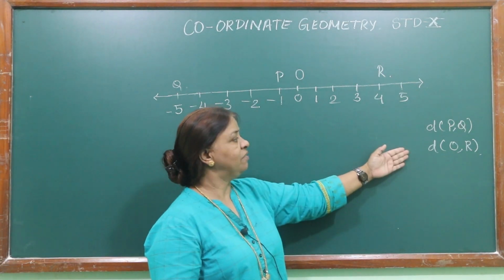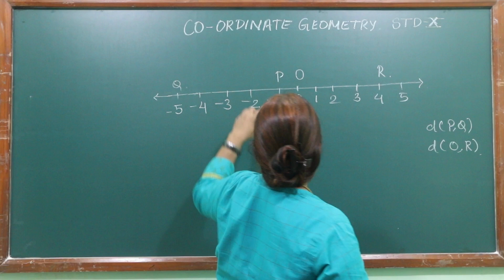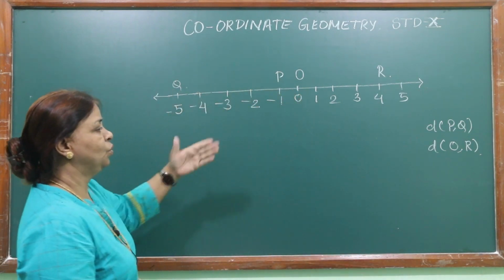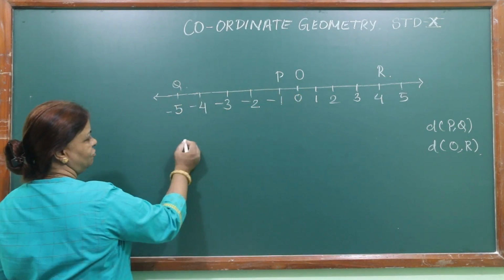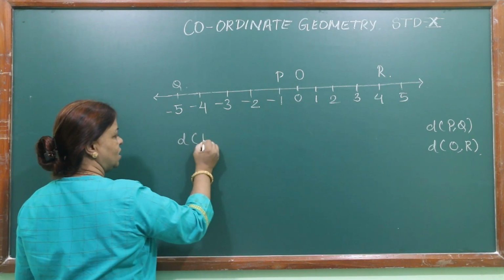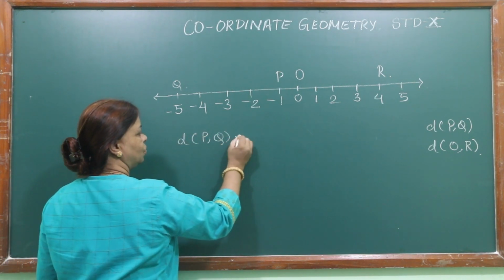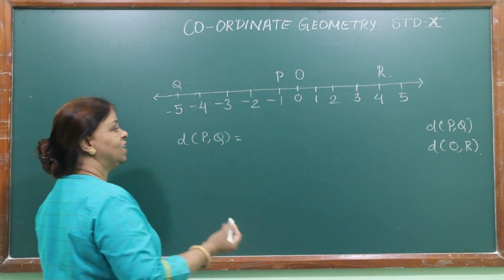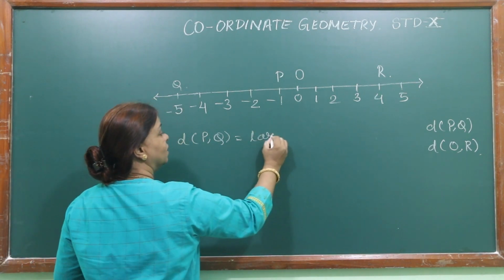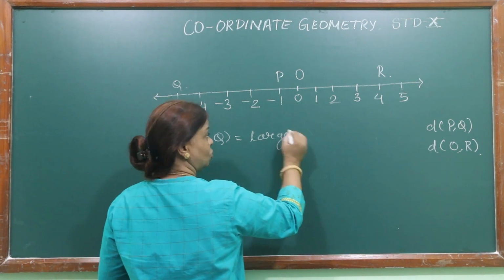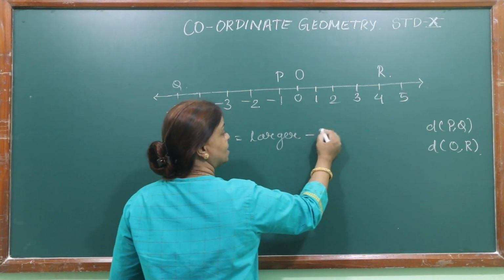And here we have been given distance PQ. So let us see, if you want to find distance PQ, then you have learned: larger coordinate minus the smaller one.